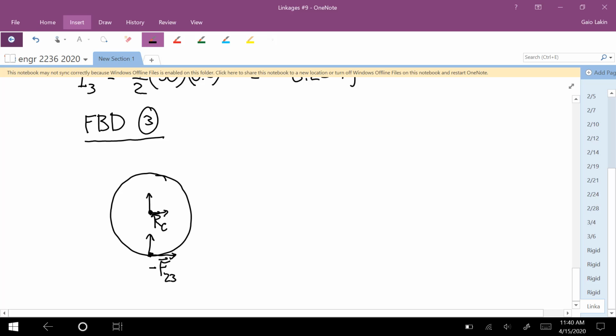And then there's one more thing. There's a couple of negative 150. I'm going to draw it in the positive direction and just write it as negative 150. You could also draw it the other way and call it positive 150. Okay, the geometry on this one's easy. That's the good news. So rho, force, moment.